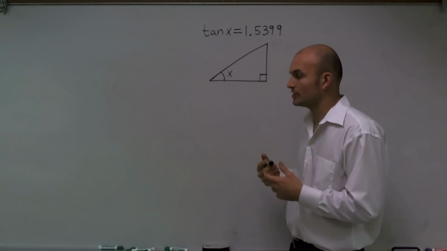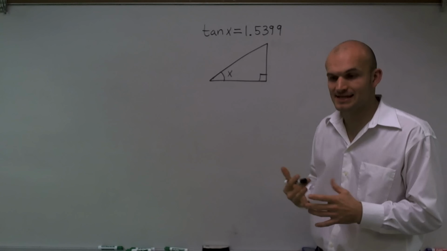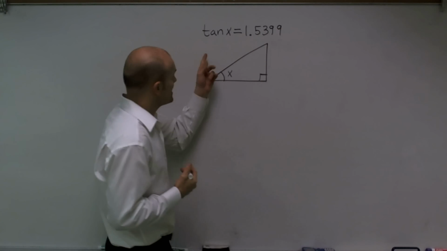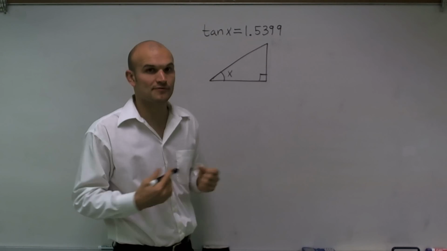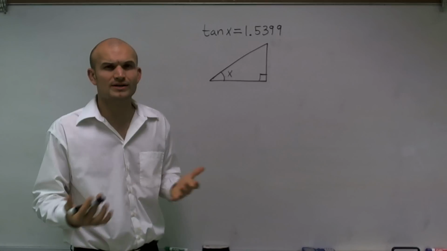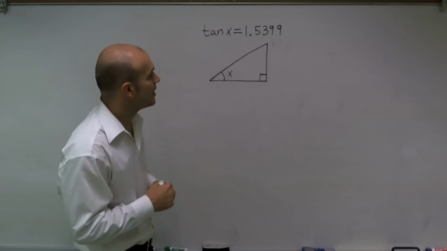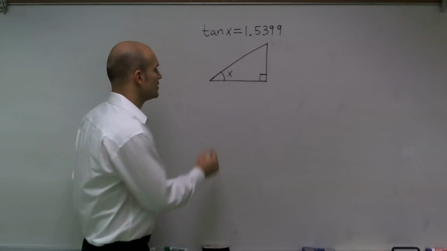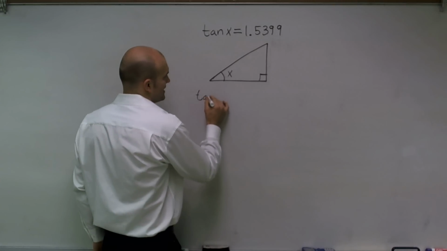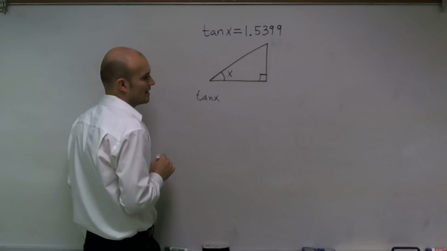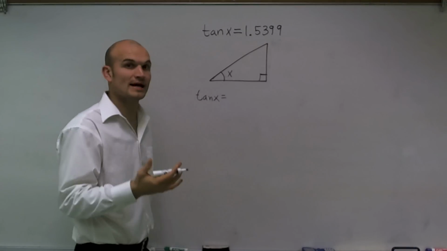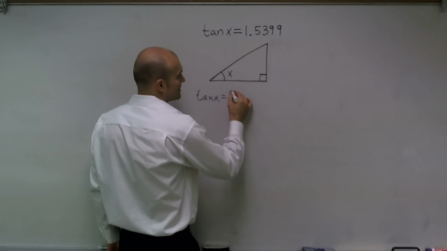Now the next thing we need to understand is what exactly is the tangent function? Because we have the tangent of x equals 1.5399. Well, where did we get the 1.5399? Well, we need to remember that the tangent of any angle, in this case our angle x, is going to represent a ratio between two side lengths of a triangle.